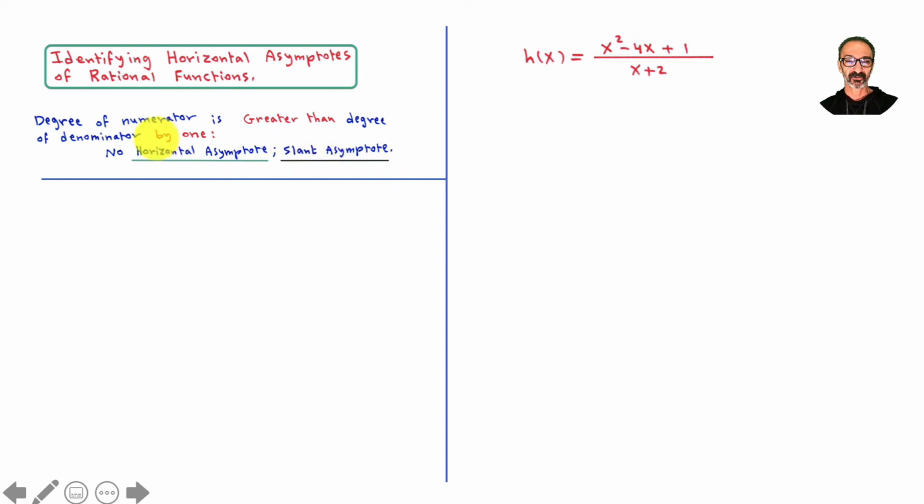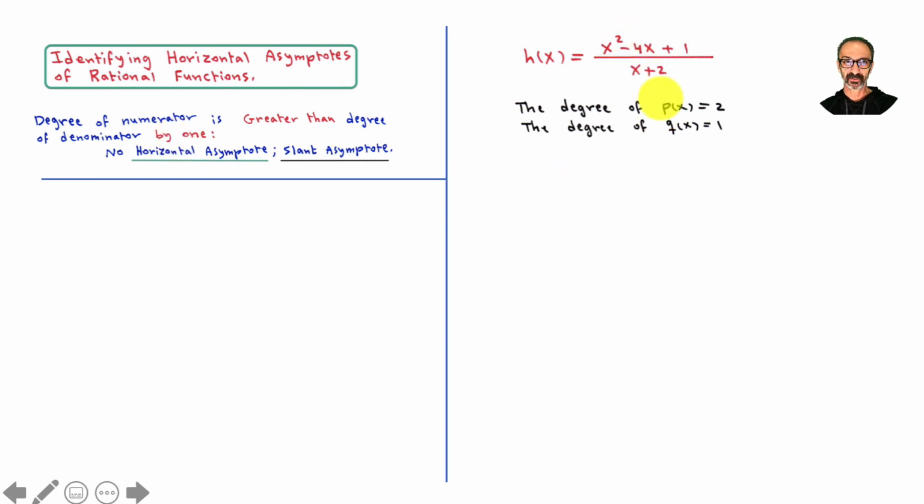But if it's greater by 1, you're going to have a slant asymptote, which might be new to you. We don't see it in lower math like algebra 1, but it's right here, and I'll show you. Degree 2, degree 1, that's one more. 7th, 6th, and so on. That's the case. Take a look. There is a reason for by 1 more.